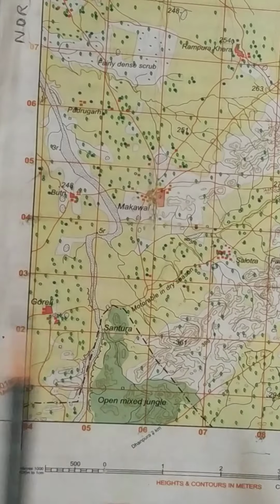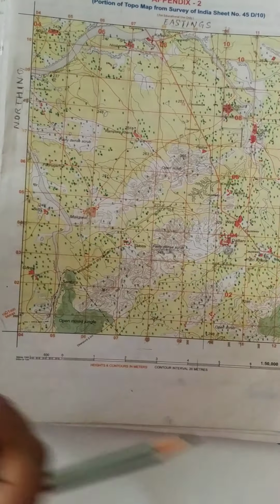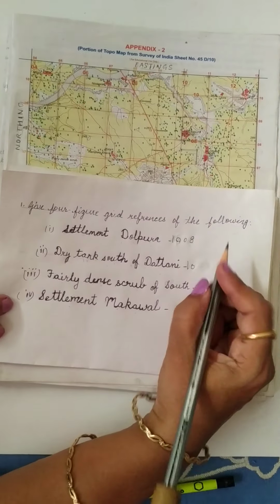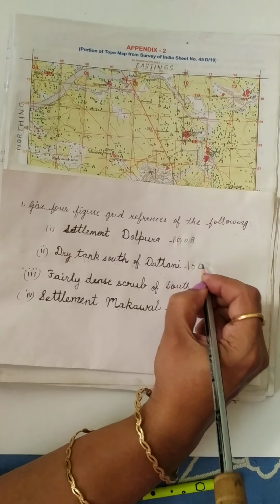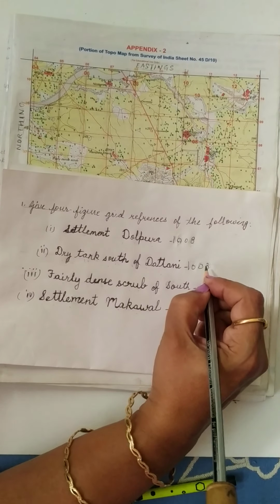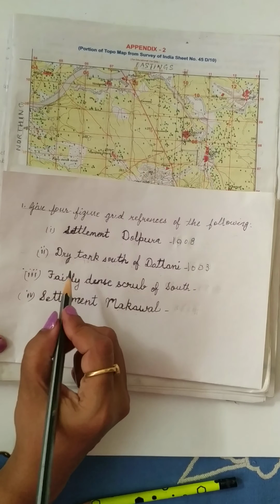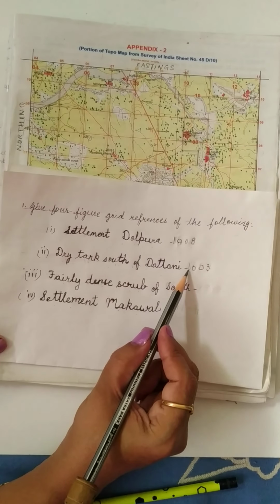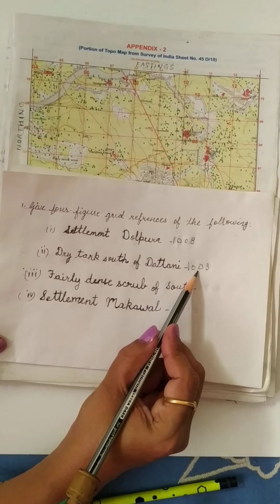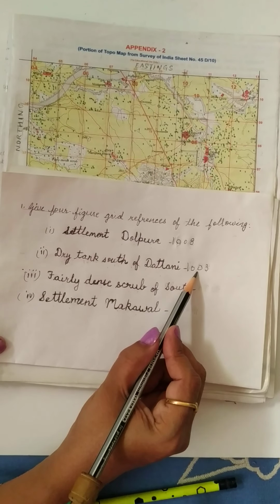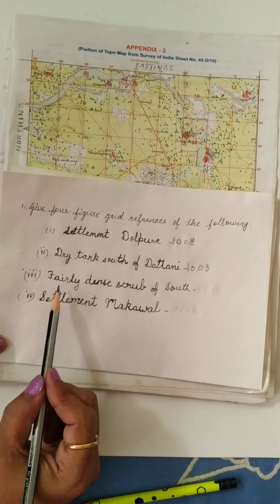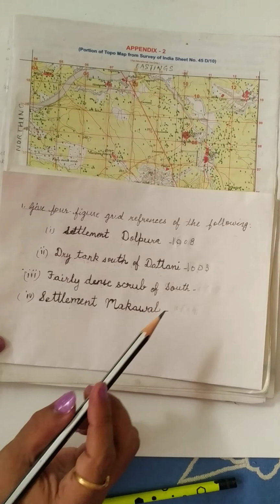We'll take 03. So we'll write down the northings as 03. So the four-grid reference of dry tank south of Dhatani is 1003.